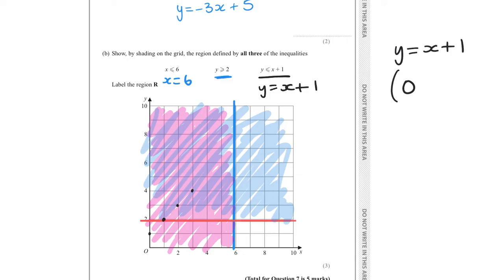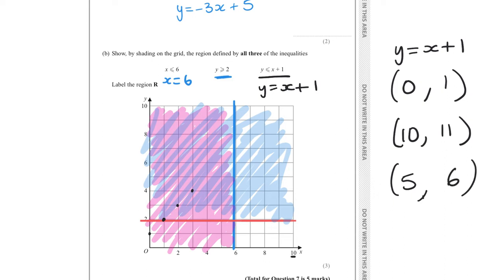When x is 0, what does y equal? 1. And then you can look for the biggest number here. What's this? 10, yeah? So you can say, right, when x is 10, what does y equal? 11. Okay, it doesn't help us because it goes above. So then I think, right, choose another random number. When x is 5, what does y equal? 6. So I can literally go across 5 up to 6. You only need 2 points to draw a straight line.